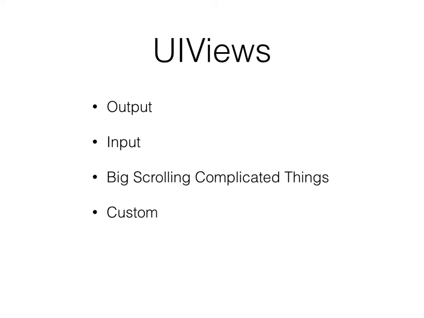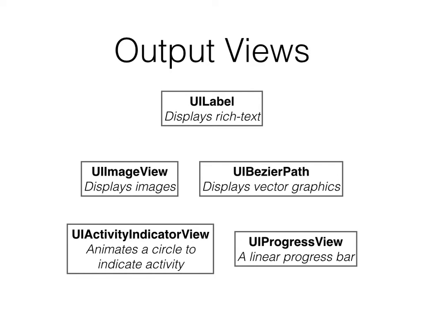I like to think about views as falling into 4 categories: output views, input views, big scrolling complicated things, and custom ones. The output views are exactly what you would expect. You have a label, you have an image view. Even better though, you have a Bezier path view. It doesn't end with the word view, but that's great for rendering vector graphics.